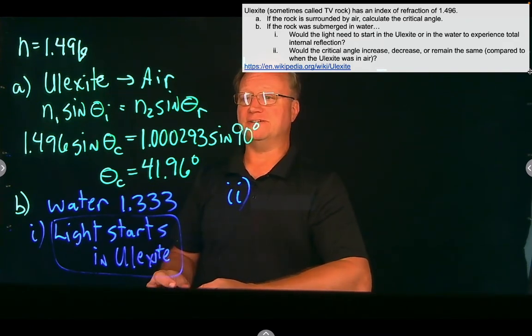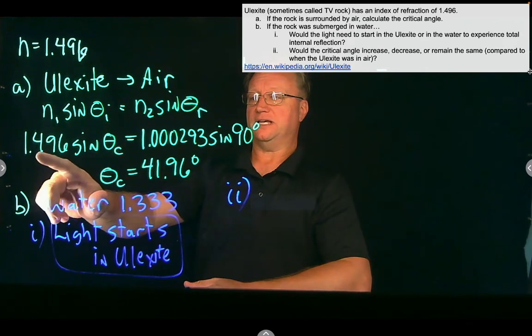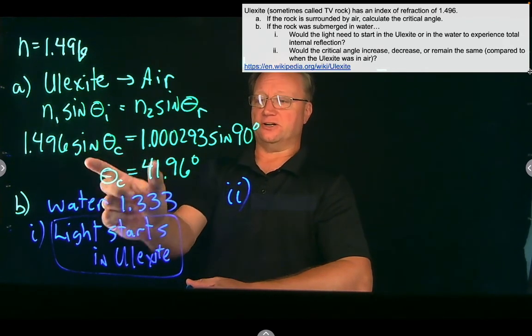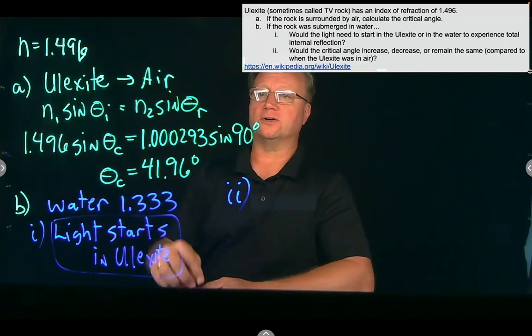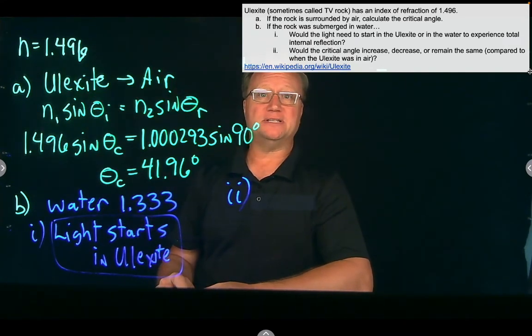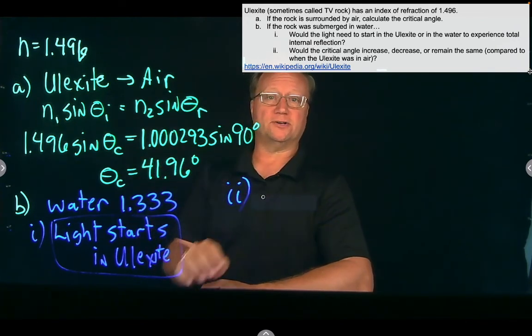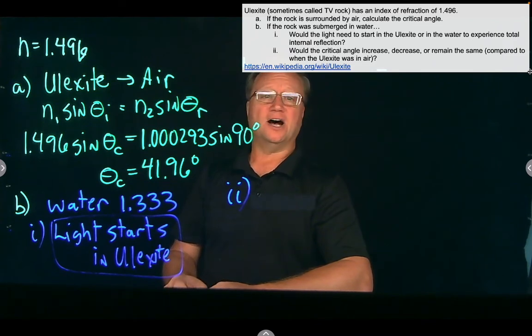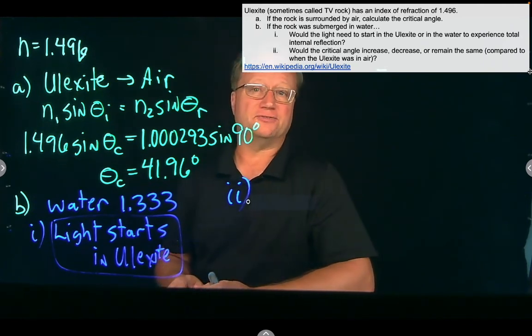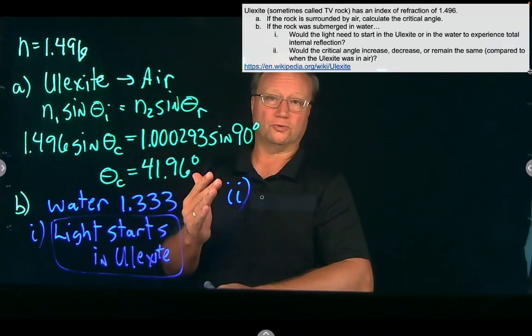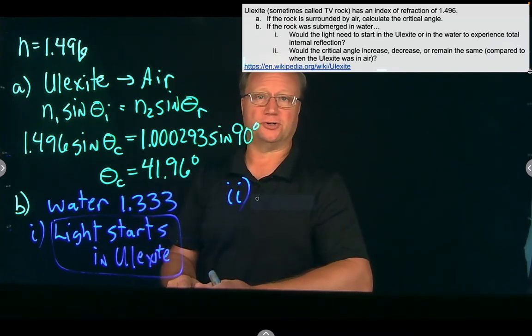Our difference between air and ulexite was more significant than our difference in the index of refraction of water and ulexite. So there's going to be less tendency to bend when going between water and ulexite. And if there's less tendency to bend, there's going to be less likelihood of total internal reflection. Then our angle is going to have to be greater to be able to get that total internal reflection.